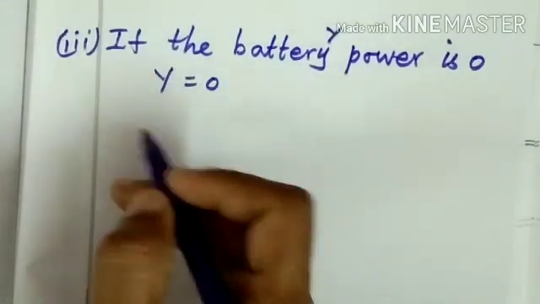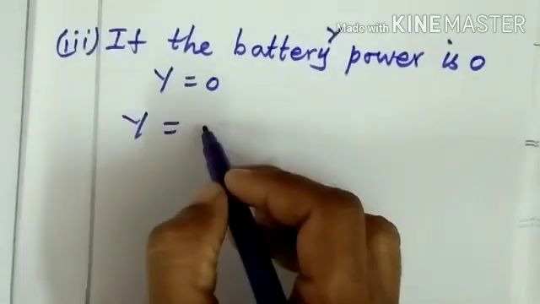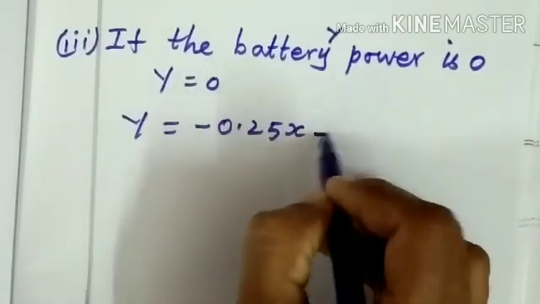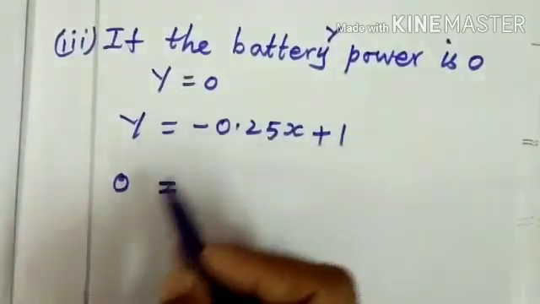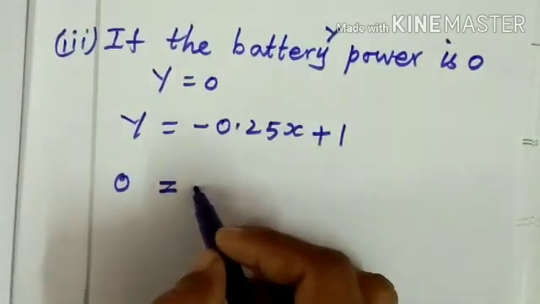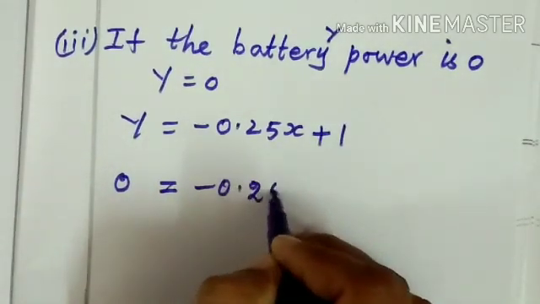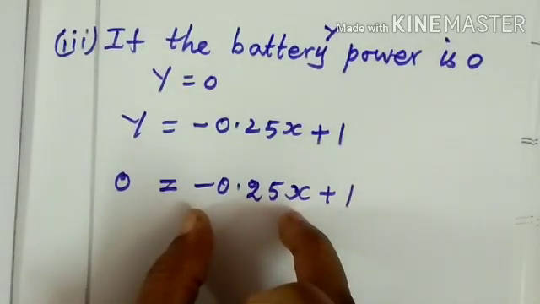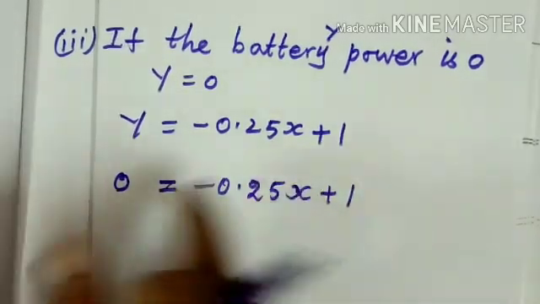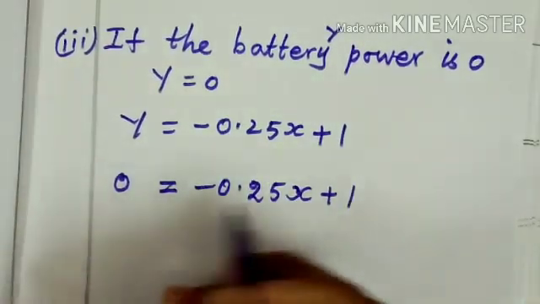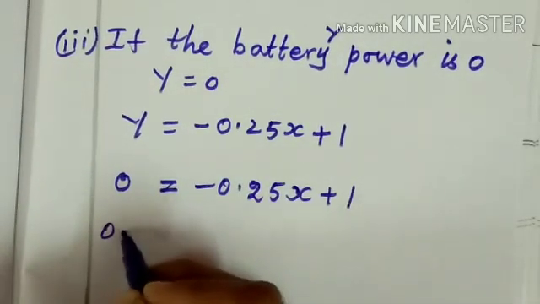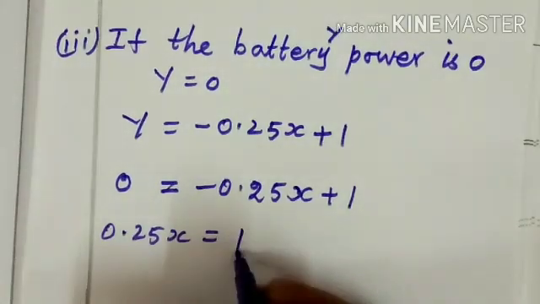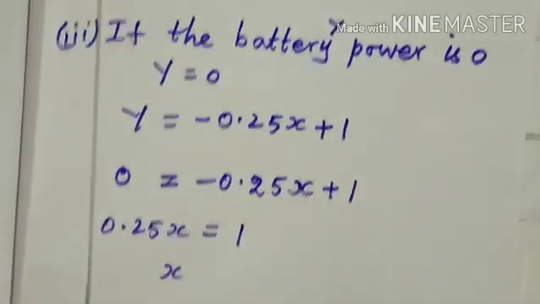First take down the given equation, y is equal to minus 0.25x plus 1. Therefore, 0 is equal to minus 0.25x plus 1. Then transpose the minus 0.25x before the equal and it becomes plus, that is 0.25x is equal to 1.